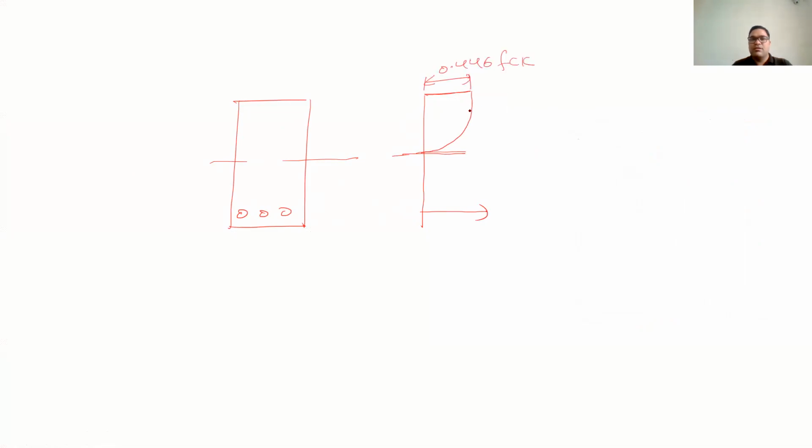Say this is the rectangular part, and if we make the stress diagram, say these are the bars. So here it will be the tension force, and in the concrete, the stress diagram will look something like this. This value is 0.446 FCK, and as you can see, here it is maximum stress and here it is 0.